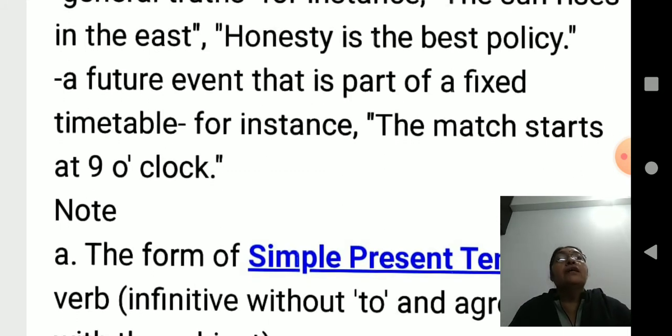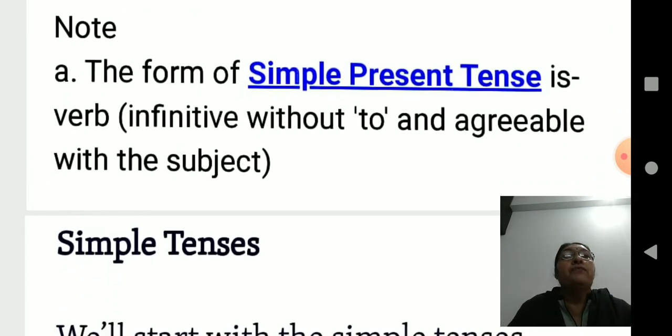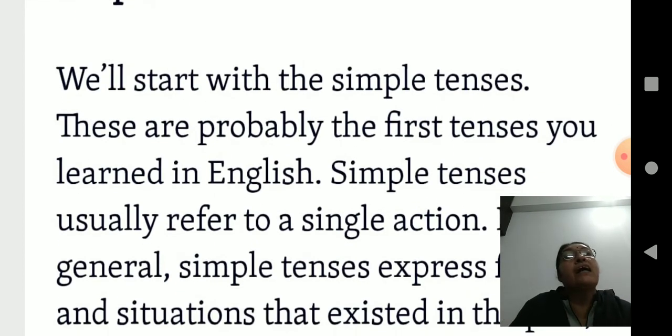Okay, बच्चे? So, the form of simple present tense is the verb, infinitive without to, agreeing with the subject. Simple tenses. We will start with the simple tenses. These are probably the first tenses you learned in English.